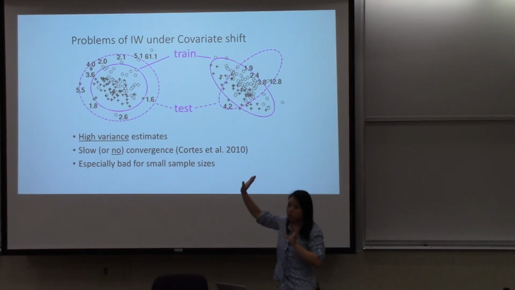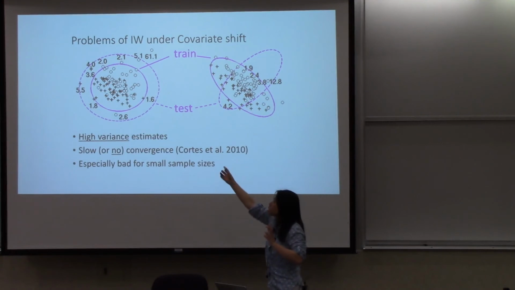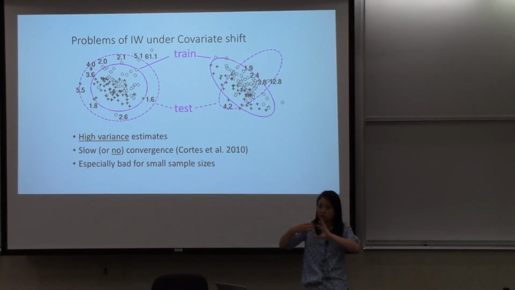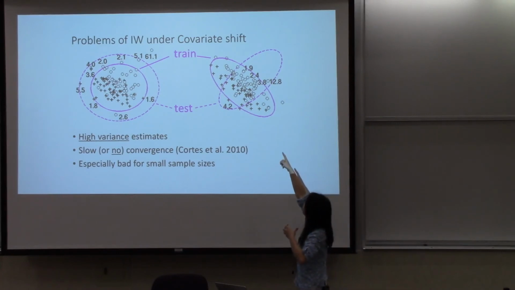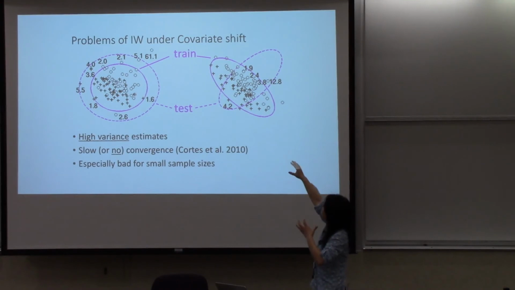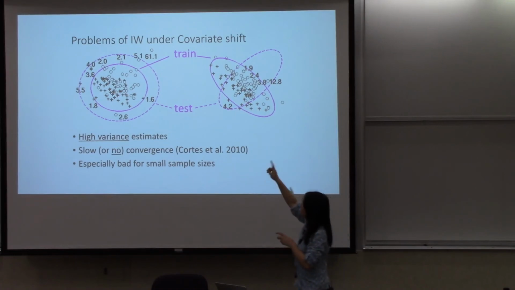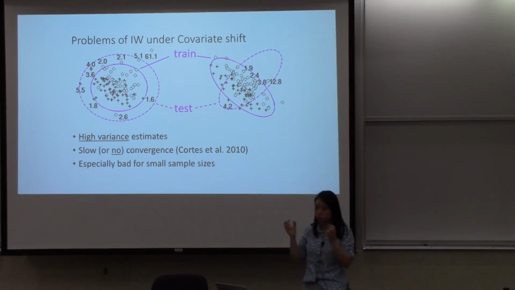The others have very small density ratio because they are in the overlapping space of the two distributions. In this case it's even more true: you want to pick the ones where the density ratio of P target over P source is relatively large. These are the only large ones, and the others are all very small.